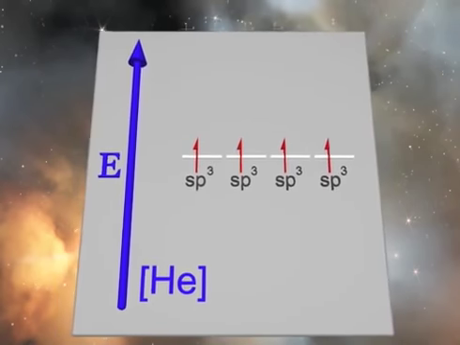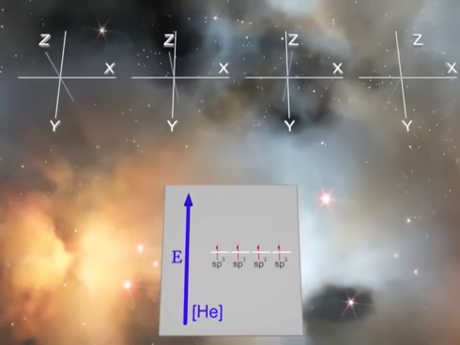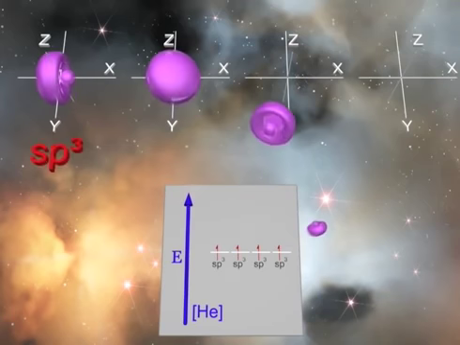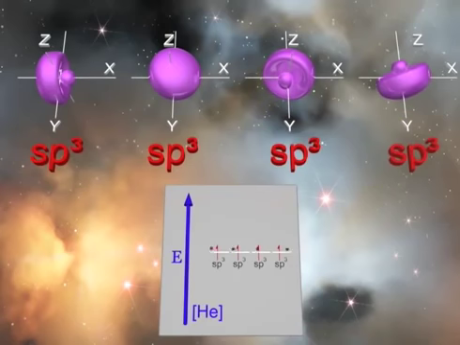The shape of the new sp3 hybrid orbital is best characterized as 1 part s and 3 parts p. As with all orbitals, think of these hybrid orbitals as three-dimensional shapes, where you can find the electron 90% of the time. The hybridized carbon now possesses 4 unpaired valence electrons and is said to be an sp3 hybridized carbon.